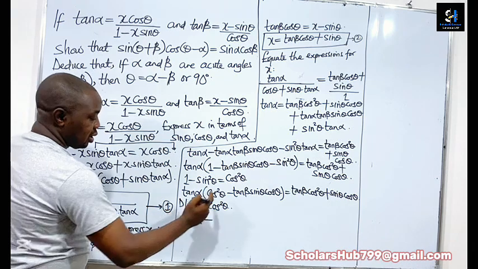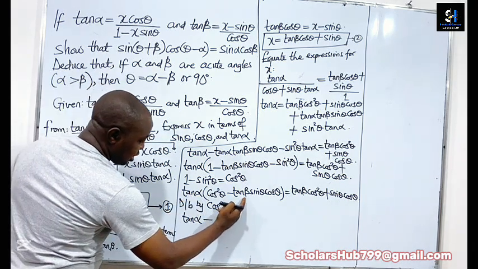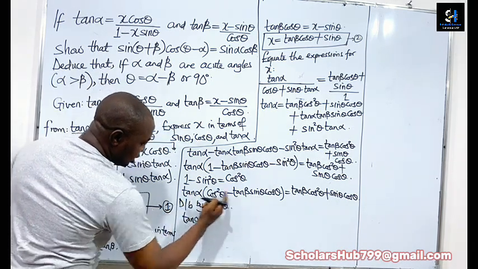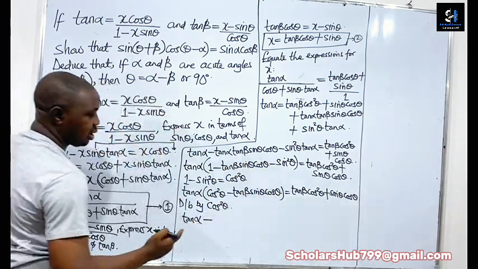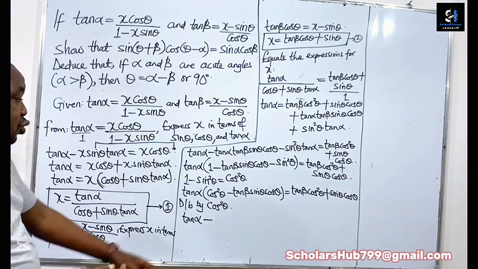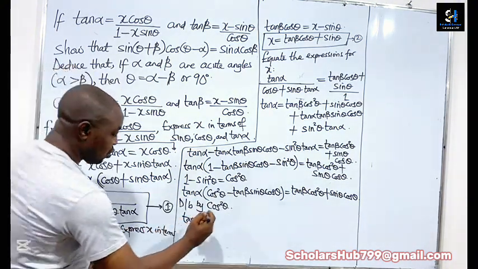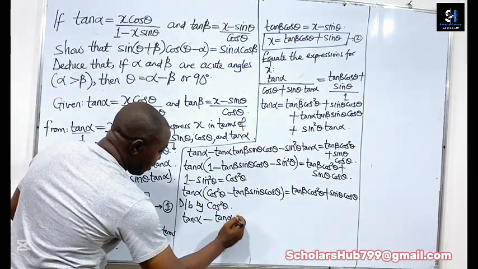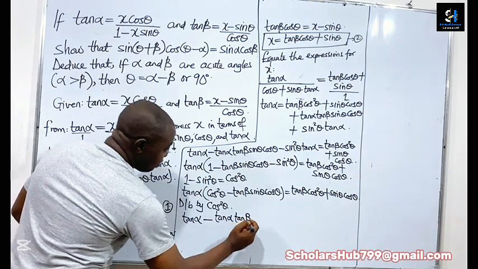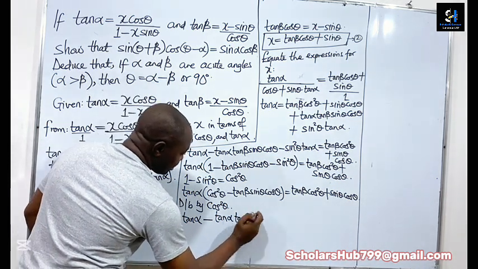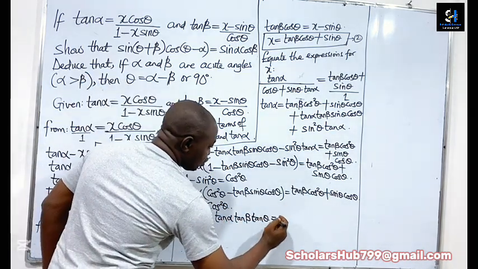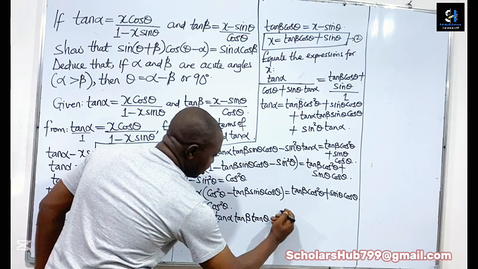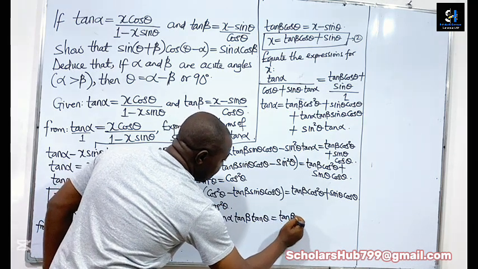Then minus tan alpha tan beta sin theta cos theta divided by cos squared theta. So we cancel cos, then we're going to have tan alpha tan beta tan theta. Yes, and this will be equals to, dividing this by cos squared theta, that will reduce to tan beta.